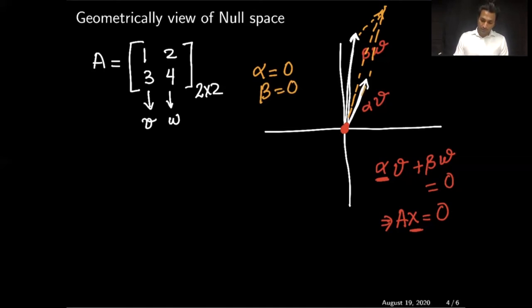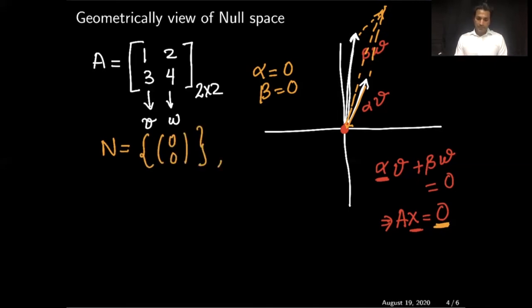In that way, this vector is going to approach 0, and that larger vector is also going to approach 0, and you have a trivial diagonal, which is the 0, 0 vector. So in this case, the null space of this matrix is just the 0, 0 vector.